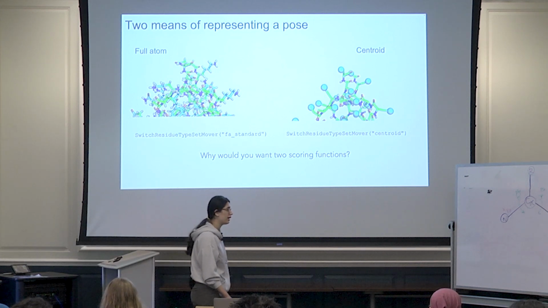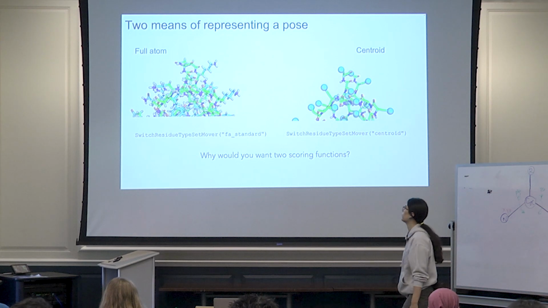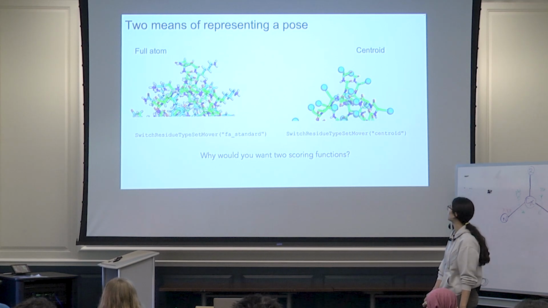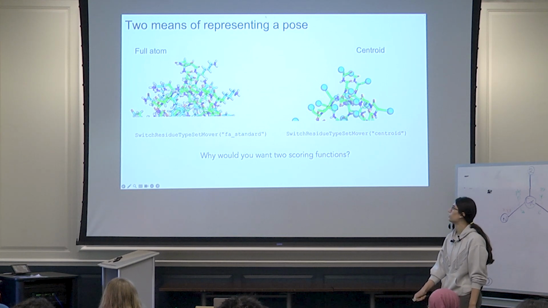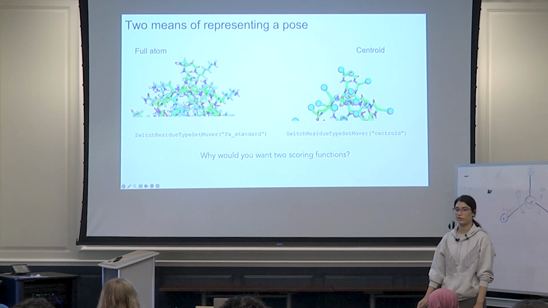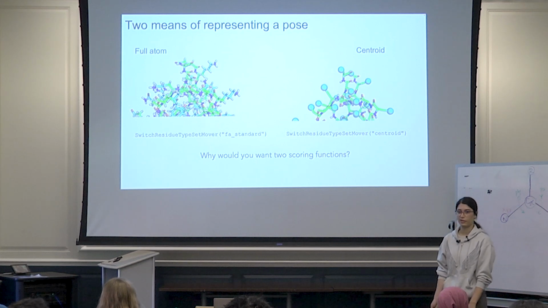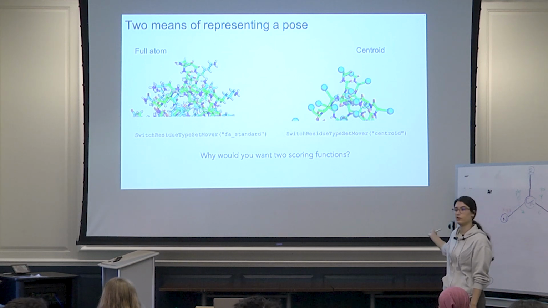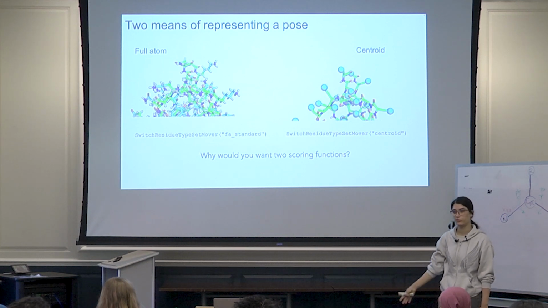And let's say that eventually you have a population of designs that make it through your centroid-based scoring. Would you still want to analyze what their full atom energy pseudo-landscape looks like? Maybe after they make it through the cutoff, later in your pipeline, you go into more details and analyze what happens in the full atom scheme.